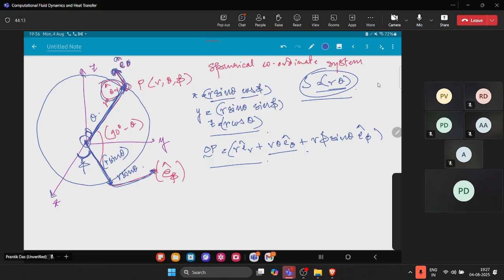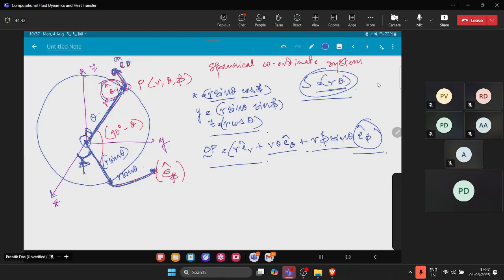And then when I am increasing this E phi cap, E phi cap actually lies on the xy plane. So I have to take the component of r, which becomes r sin theta. So r sin theta multiplied by phi gives you this r phi sin theta.